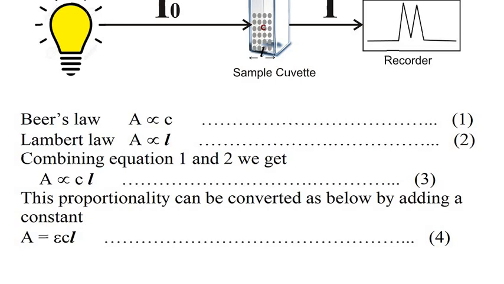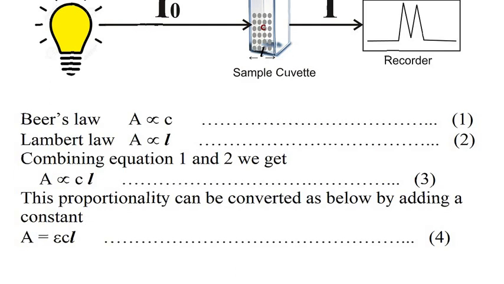equation. As we know, every chemical or compound has its own property. Scientist August Beer has stated that absorbance of light is directly proportional to the concentration of the sample, whereas Lambert has stated that absorbance is directly proportional to the path length of the sample, which is mentioned in equation 2.